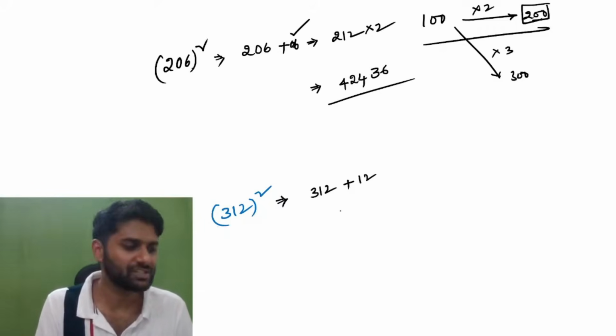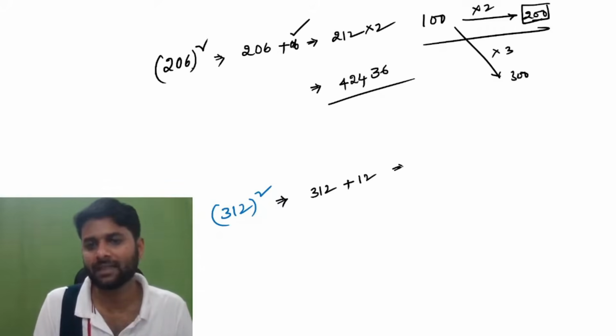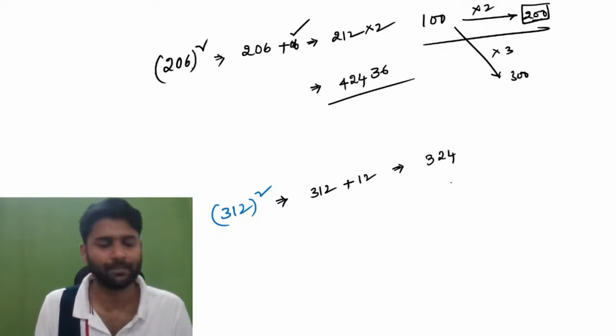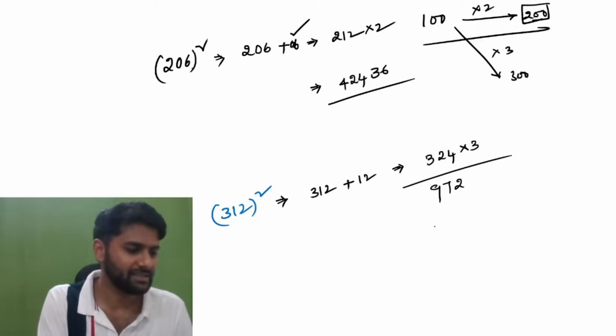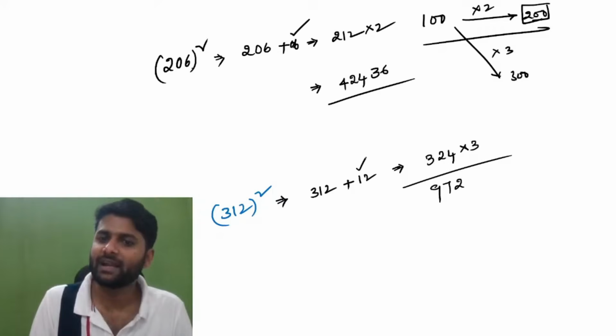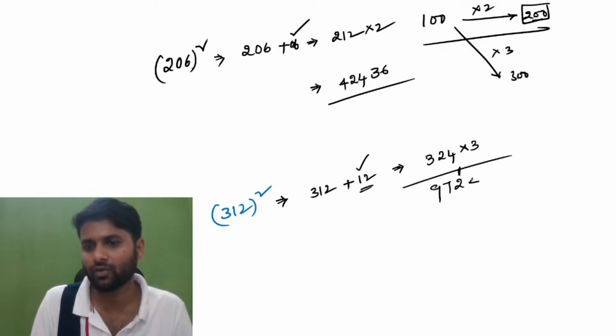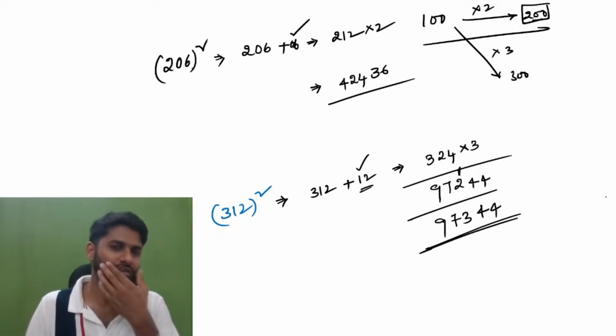Add those 12 units to 312 and it becomes 324. We already know that we triple the base, so multiply it by 3. So 972. And how much did we add here? 12 units, and 12 square is equal to 144. Write down 44 and 1 is carried over. Then the final answer is 97344.